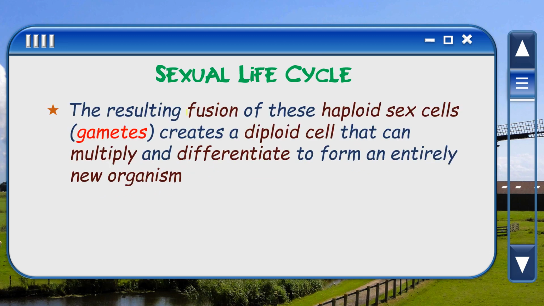The resulting fusion of these haploid sex cells, which we call the gametes, creates a diploid cell that can multiply and differentiate to form an entirely new organism.